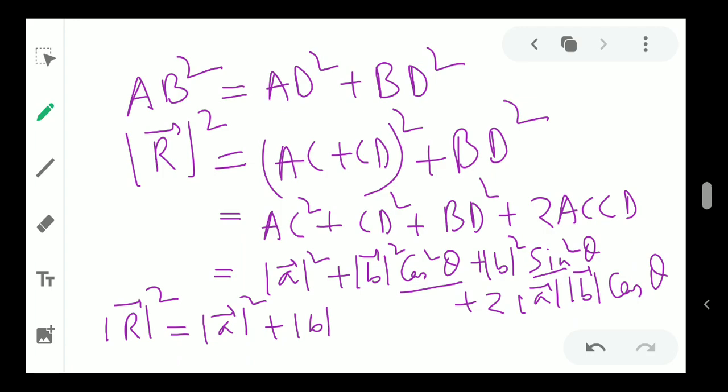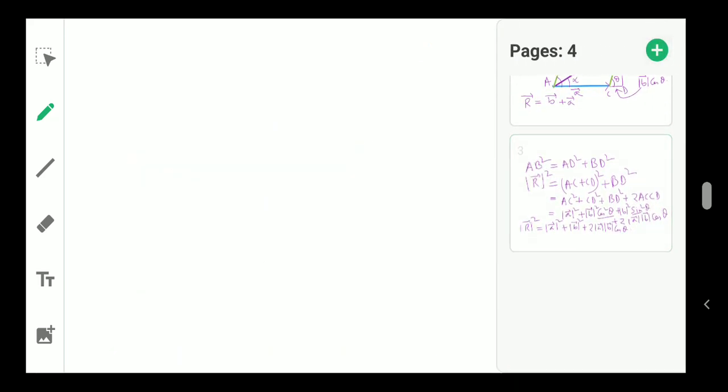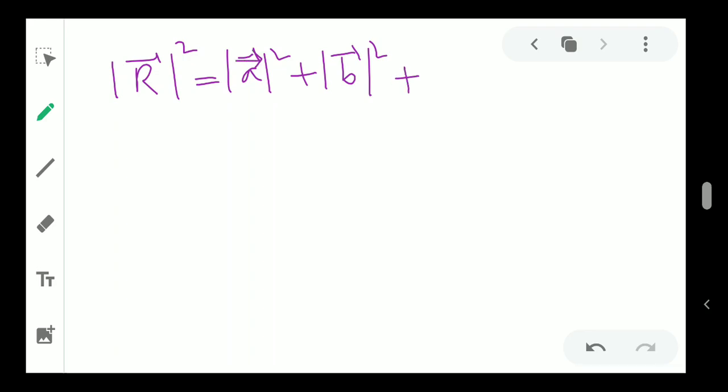So I am writing again what we have gotten: R square is A square plus B square plus, these are vector signs, plus 2 into AB cos theta.